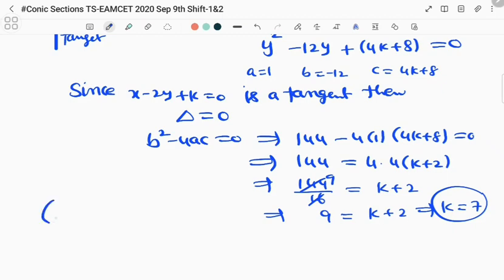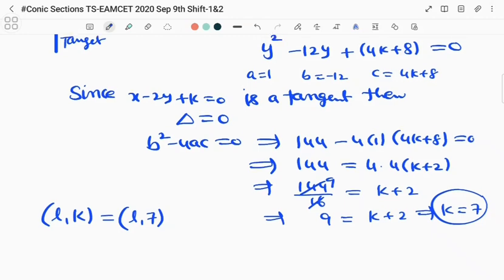So the point is L comma k, no? L comma 7, the point is. Is it compulsory to calculate the L value? We will see that.